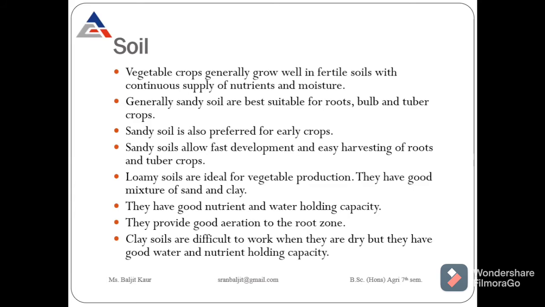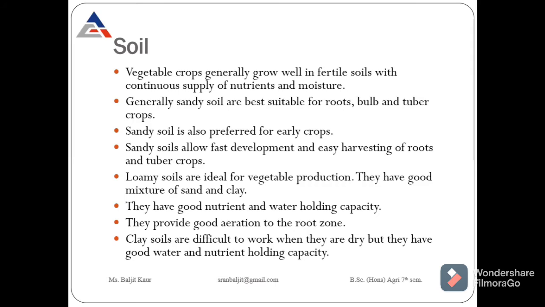And some of the crops require sandy soils for their proper growth and development. Some of the vegetables require loamy soils for their ideal growth and development, and very few of the vegetables require clay soils, because clay soils are somewhat difficult to work, they are difficult to cultivate, but they have good water holding capacity as well as good nutrient holding capacity.